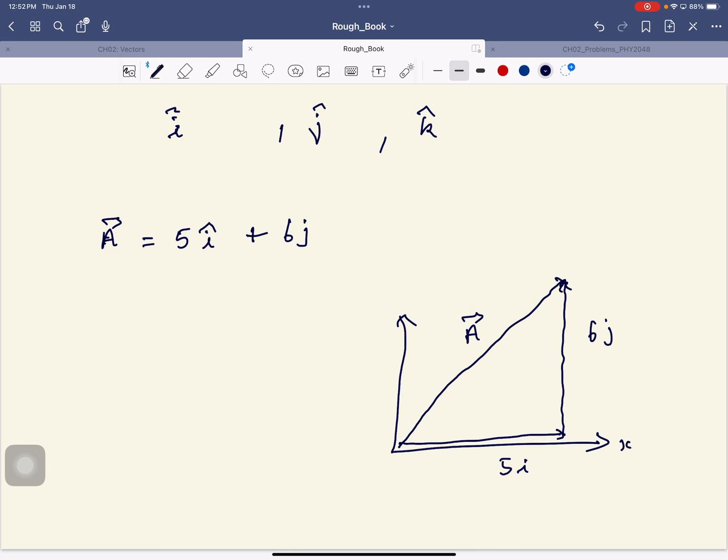So what you have done is written a vector A in component form. This is called the x component of the vector. This is called the y component of the vector. And the reason we do this is the following. Let's define another vector, 3i plus 4j. You go 3 units in the x direction and 4 units in the y direction. That would be B. Let's draw that.